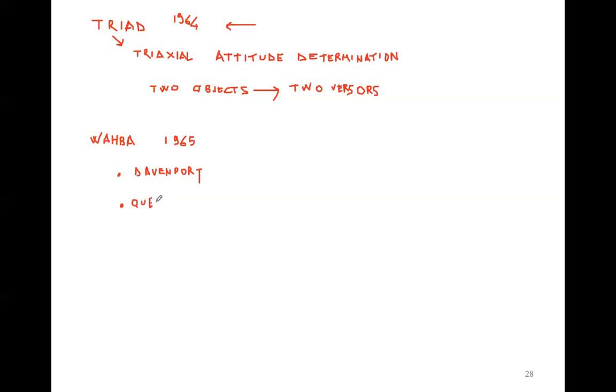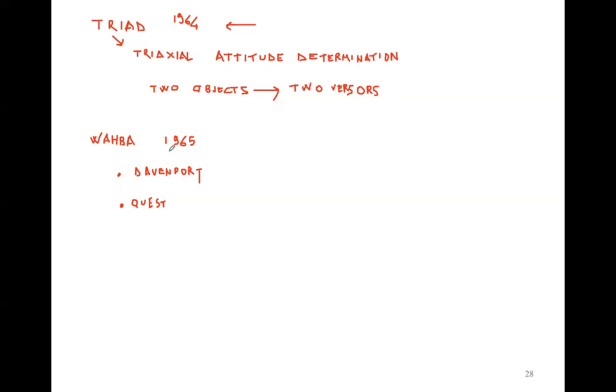But these two methods are able to process data or measurements that require observation at the same time. So basically, every single time that you have observation at that specific time, if you have only 2, you can use the TRIAD algorithm.